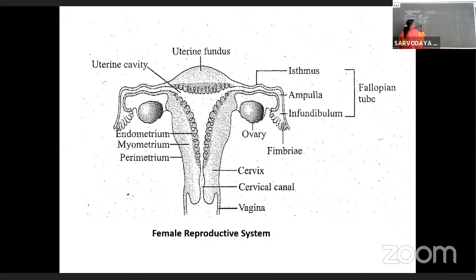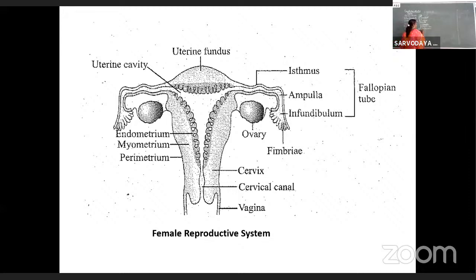What are the following functions? The first is going to be ovulation. These integrated structures of the female reproductive system are going to provide support for, first, ovulation. The second is fertilization, then followed by implantation, that is the development of the young one.